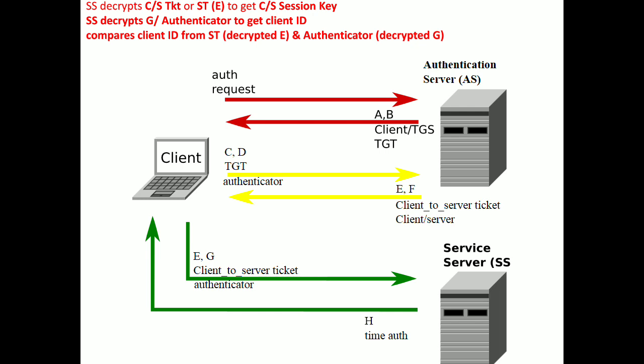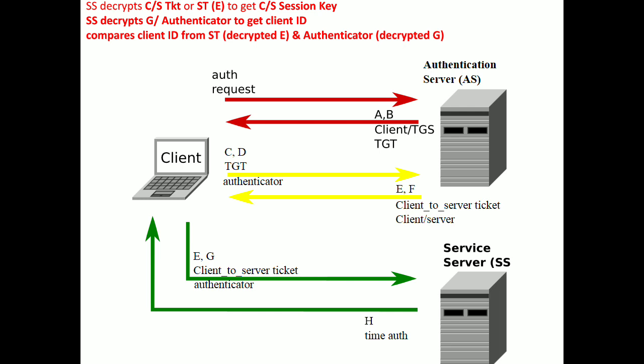Now the service server, or the server where the resource is hosted, decrypts this service ticket, and it will then get the session key which will be used between client and server. So now the server has got the session key, or the second session key. So the server can now decrypt the authenticator, to prove that it is the legitimate server, or for mutual authentication between client and server.